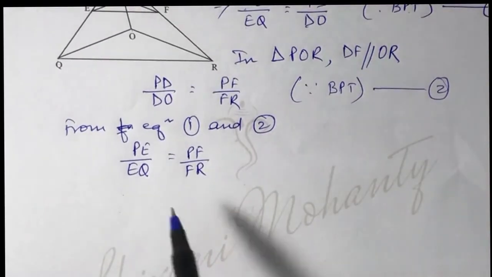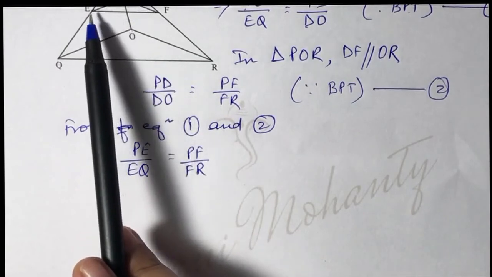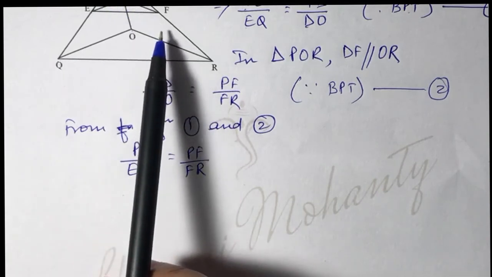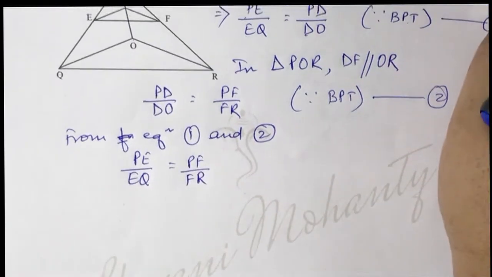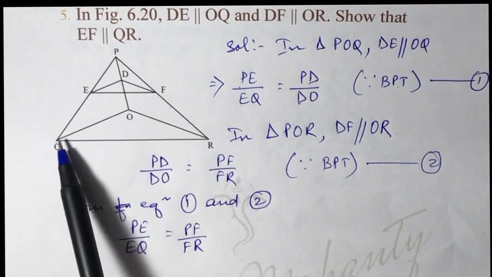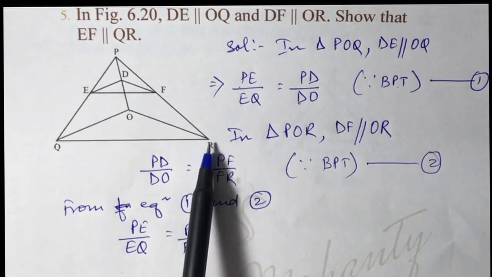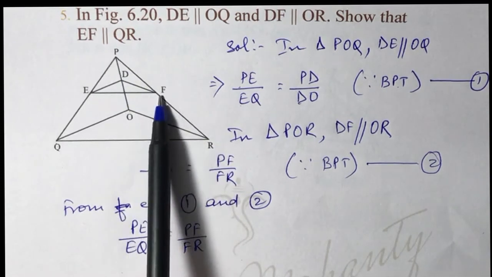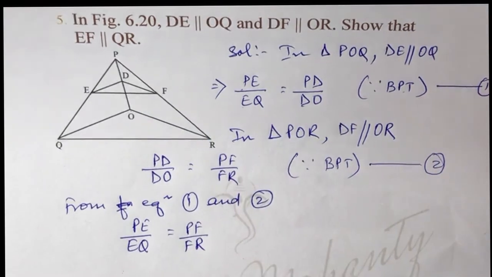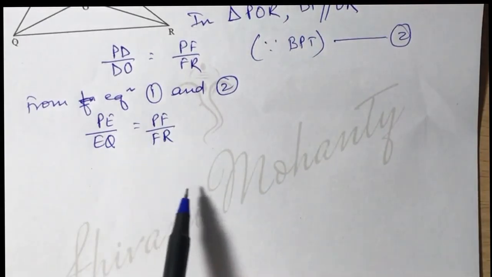If PE by EQ is equal to PF by FR, then you can very well say that EF is parallel to QR. So now let us write it. Okay, so you have got PE by EQ is equal to PF by FR.